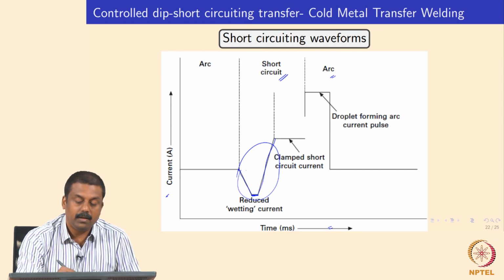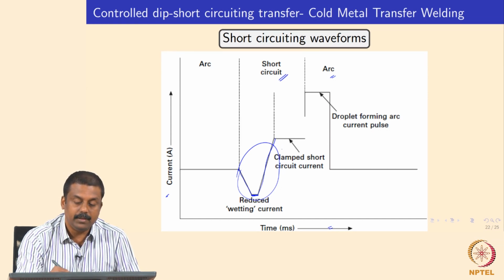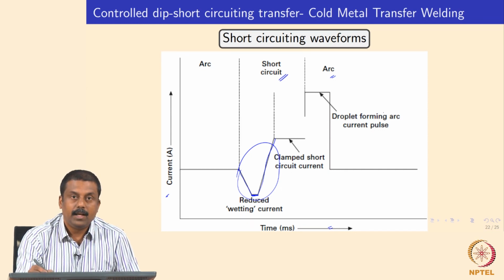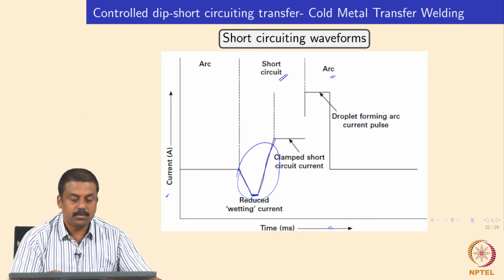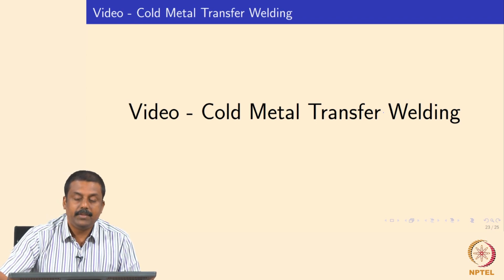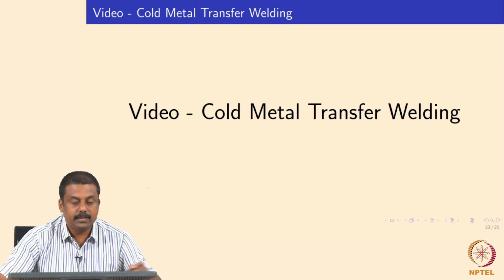Because of the absence of an arc, your droplet is transferred with extremely low heat input compared to a transfer by either pulse or conventional GMAW. So I will just show you one video of this process where you can appreciate the process characteristics.